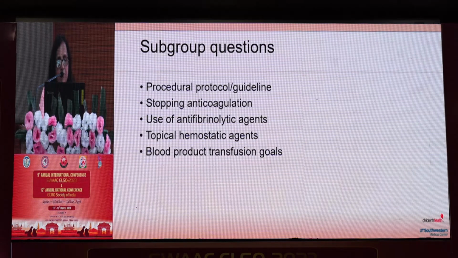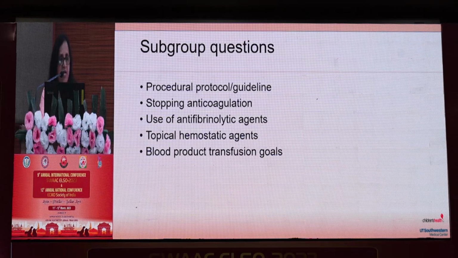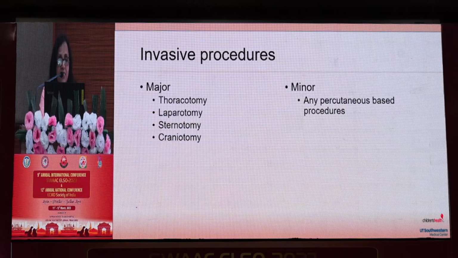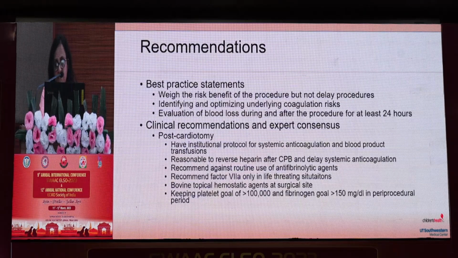Whether having a procedural protocol or guideline, any guideline about stopping anticoagulation, the use of antifibrinolytic agents, the use of topical hemostatic agents, and whether having blood product transfusion goals prior to the procedure was helpful. Of course, we had only about 17 studies to look at, and with these procedures, what did we find?